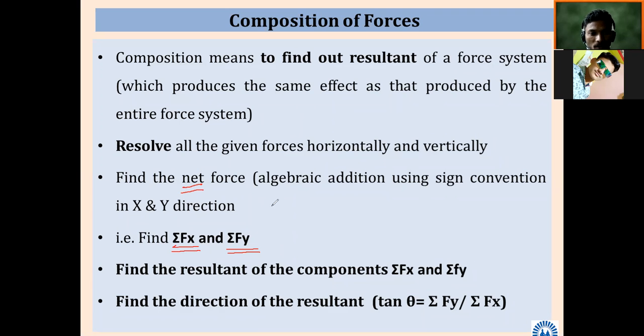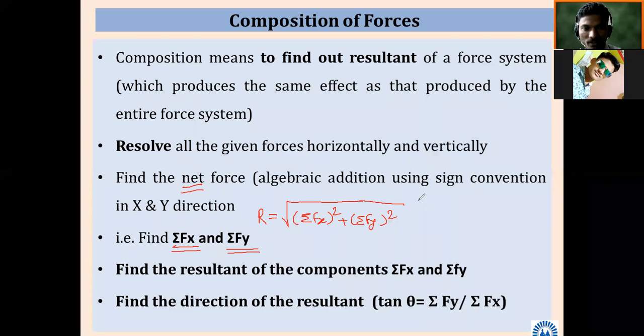Here the most important formula is: resultant R is equal to, what is that formula? Under root, summation Fx square plus summation Fy square. This is the most important formula. You should note it down and remember it hereafter.